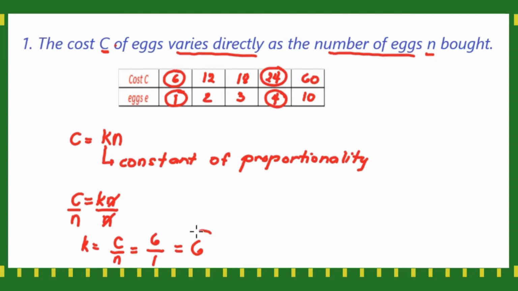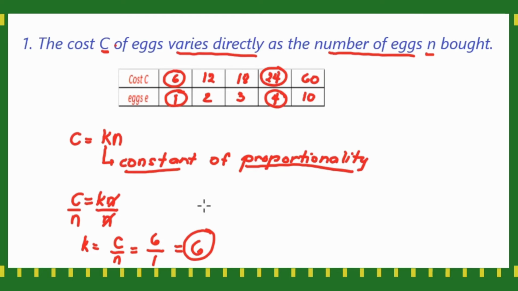So, what do we mean by this? 6 actually stands for the amount of each egg. Ibig sabihin, yung presyo ng itlog, hindi naman siya nagbabago. It's always 6 pesos. That's why they call it the constant of proportionality. Hindi siya nagbabago sa equation. That is the amount that we always multiply with eggs para makuha si C or the cost.